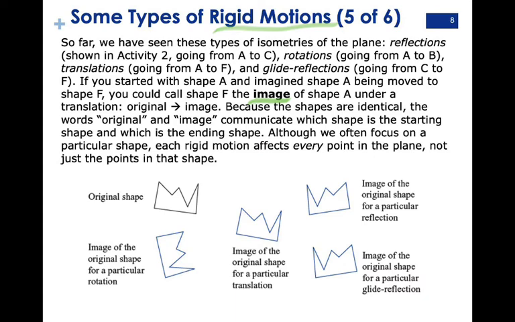So for example, if we look at this original shape and we want to do a rotation, the point of rotation could be somewhere off of the shape itself. It could be anywhere on the plane. So we pick a point there and then we rotate it along there. So we see the distance is going to be the same to those vertices. And that'll be roughly about a 90-degree rotation or so.